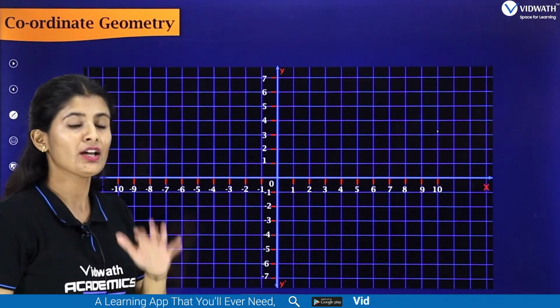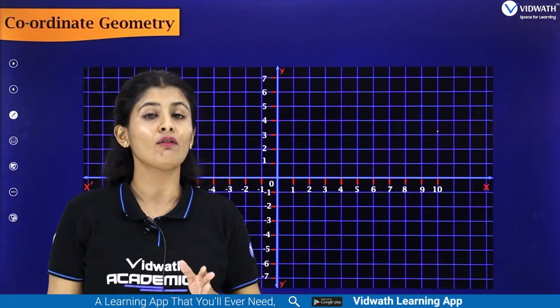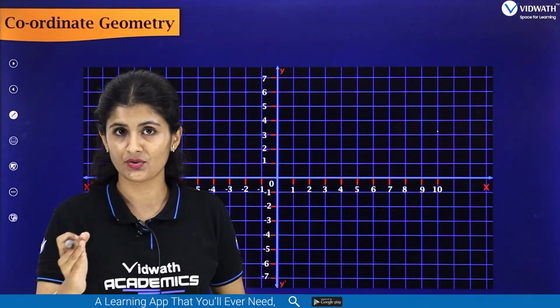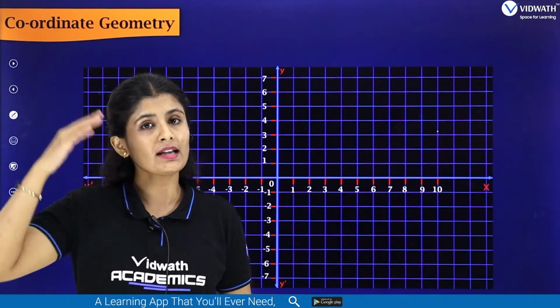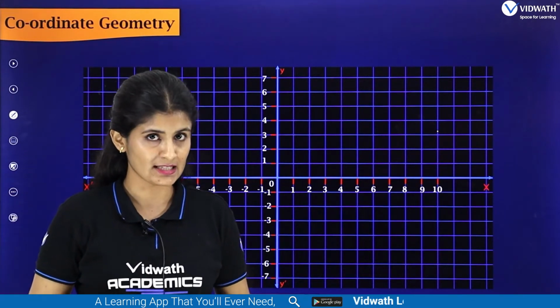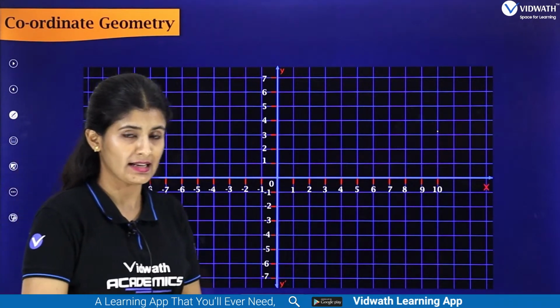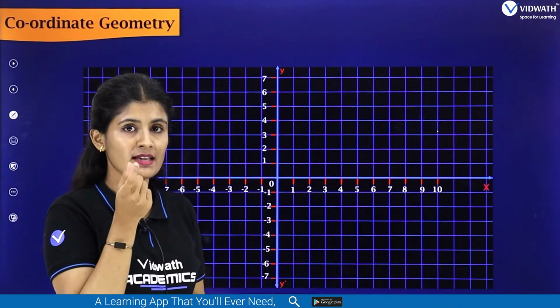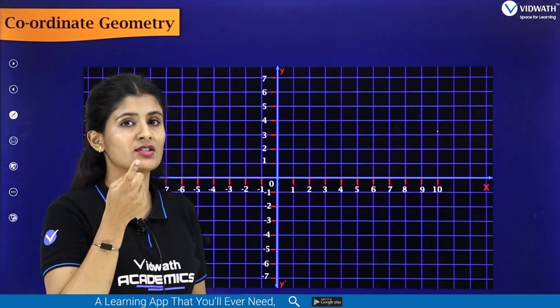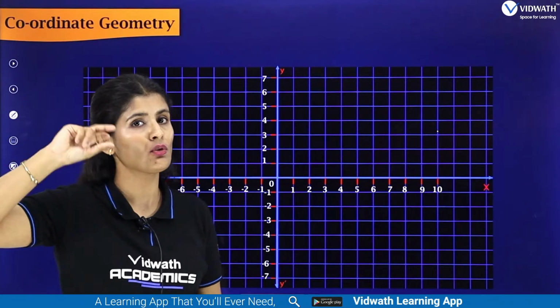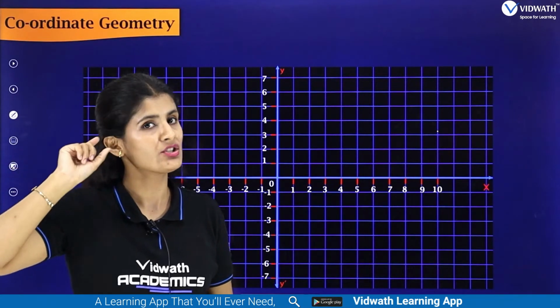In the graph sheet, you can notice a number of bold straight lines. You have a number of horizontal bold straight lines and a number of vertical bold straight lines. Now, these horizontal and vertical bold straight lines have a distance of 1 centimeter between any two consecutive horizontal bold straight lines. Similarly, between any two consecutive vertical bold straight lines.